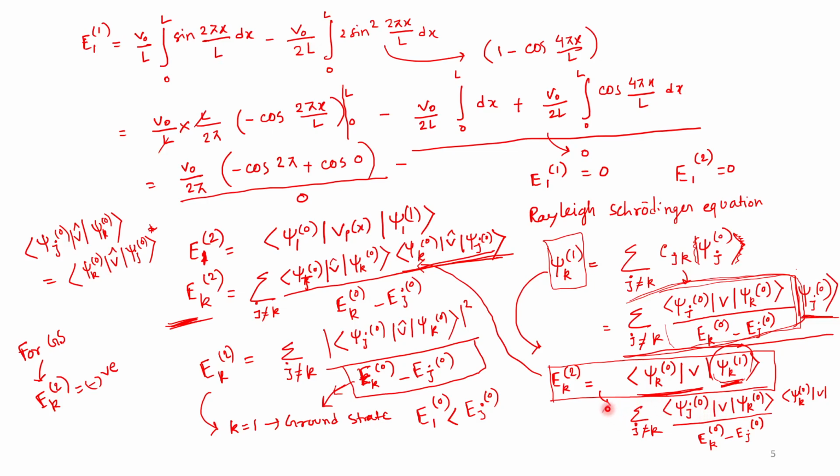So from here I went to this line. Let me change the color of this pen. Let me put black. So what I have done is putting the value of psi k1 again, and that psi k1 value is this.